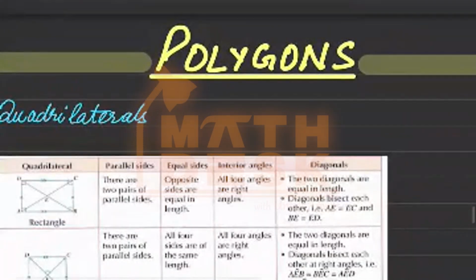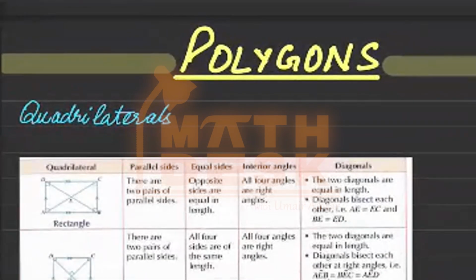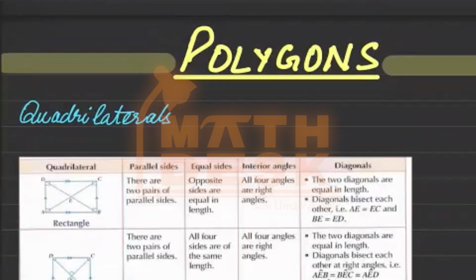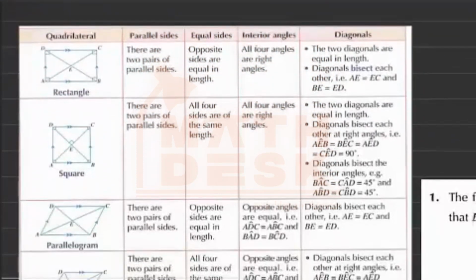So now we are moving on to further polygons, and the first one is quadrilaterals, and some of the main quadrilaterals, their details I'm discussing over here. The first quadrilateral is a rectangle, and this is formed with two pairs of parallel sides.